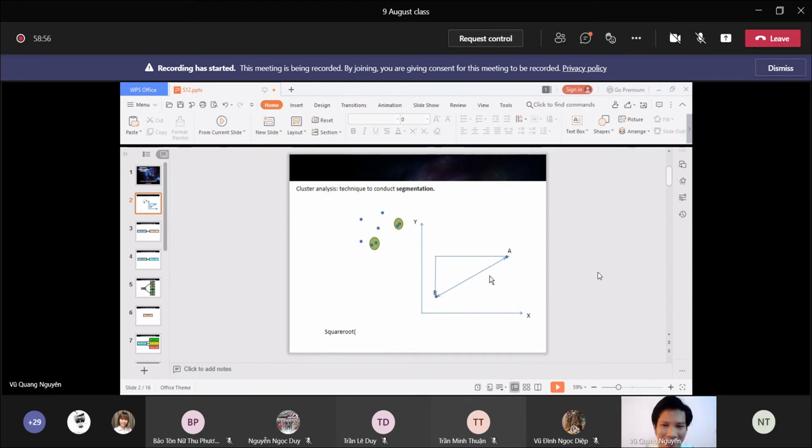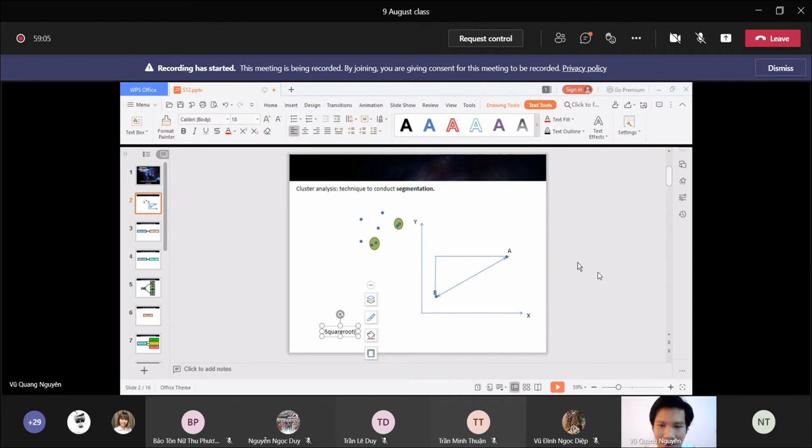See, the distance between A and B is the square root of (xa minus xb) squared, and then plus (ya minus yb) squared, and all of that under the square root.